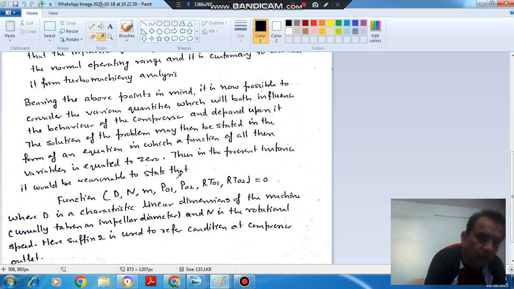Now we will derive the dimensionless groups from these variables. Bearing the above points in mind, it is now possible to consider various quantities. So by doing this, we are reducing the variables, and we will derive dimensionless groups to eliminate the variation of each and every variable. That we will do next.